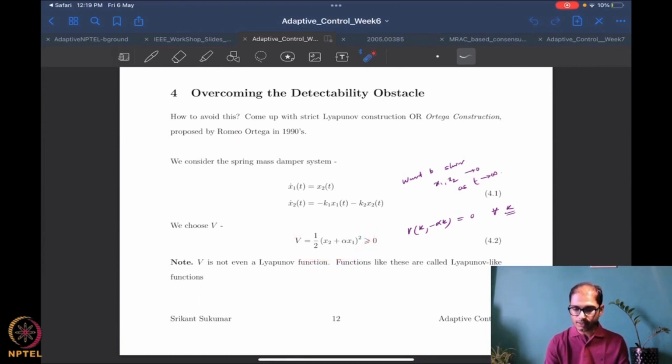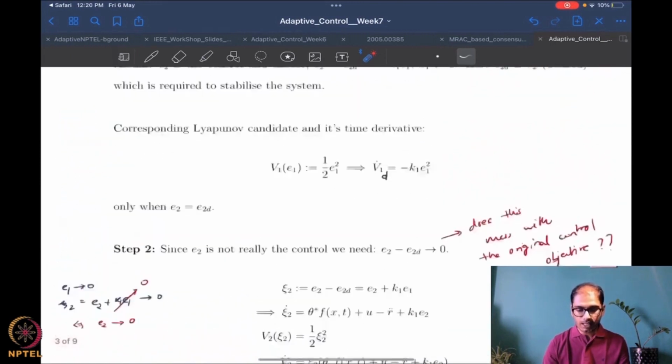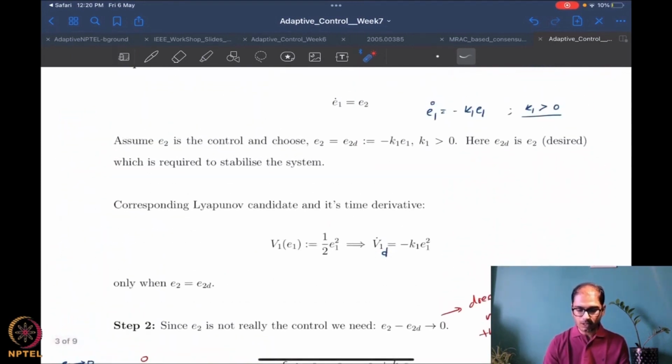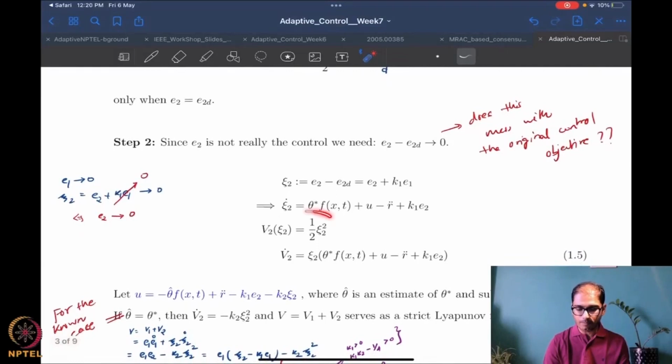So in this case you have E2 plus K1 E1 squared. This term essentially looks very much like the Ortega construction. But then in backstepping, there is also this additional term, so that it becomes a Lyapunov candidate and a Lyapunov function. So for this particular case, the Ortega construction piece is a part of the Lyapunov candidate function for the backstepping case.